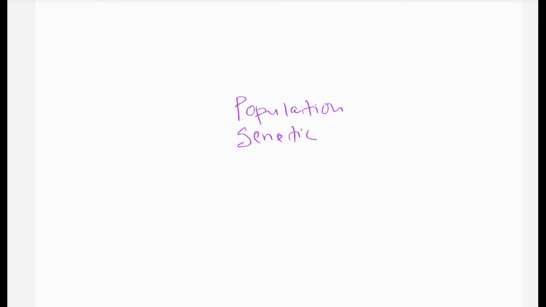Chapter 5, Population Genetics. In population genetics, first you have to know and memorize Hardy-Weinberg's principles.